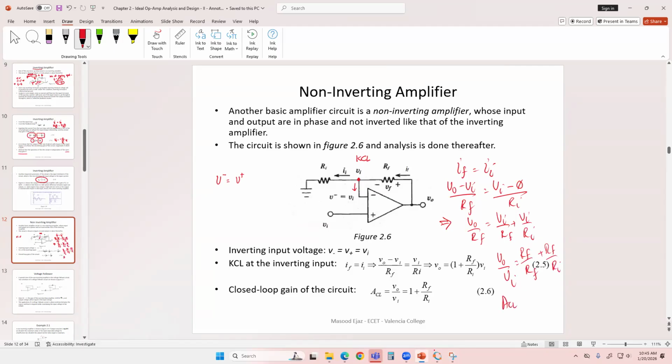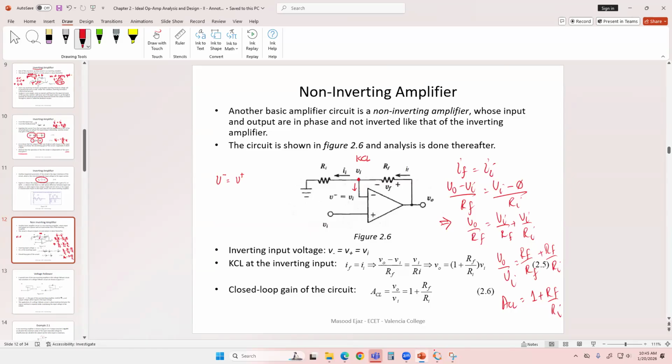So the closed loop gain, which is the output over input, in this case is going to be 1 plus Rf over Ri. And this is the derivation that is here. And that's how you do the derivation of the non-inverting amplifier to get the closed loop gain expression.